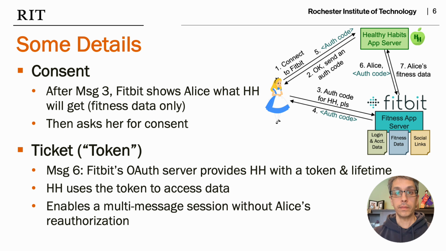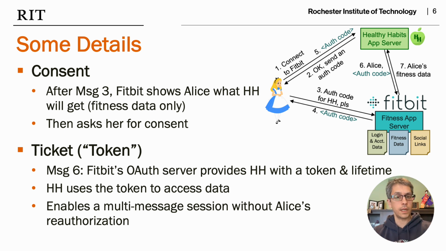Finally, when we get to messages 6 and 7, there's an additional detail: we're not actually just going to get Alice's fitness data. Fitbit is going to have an OAuth server. You can think of this as kind of like the separation between a Kerberos authenticator server that runs on your email service and the email service itself.